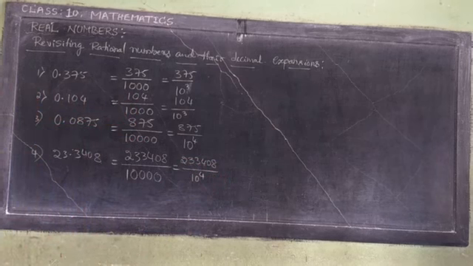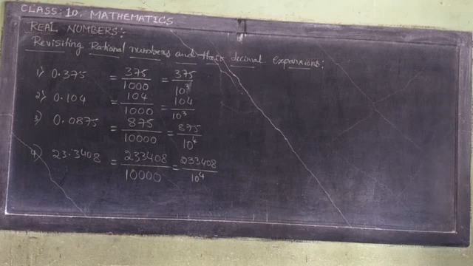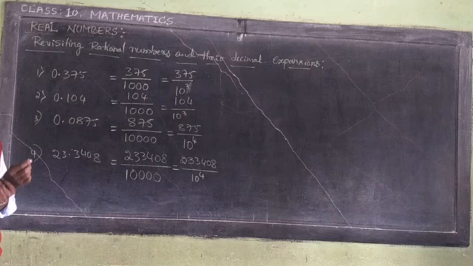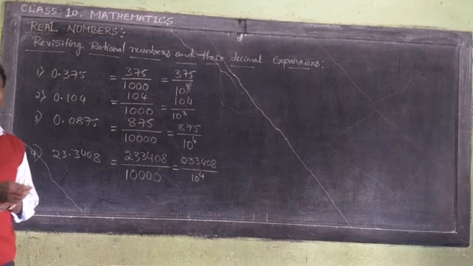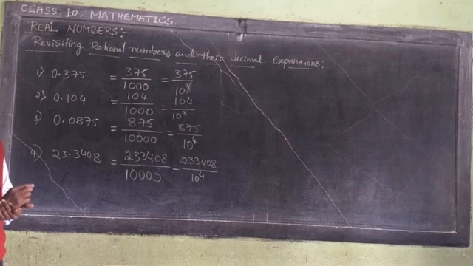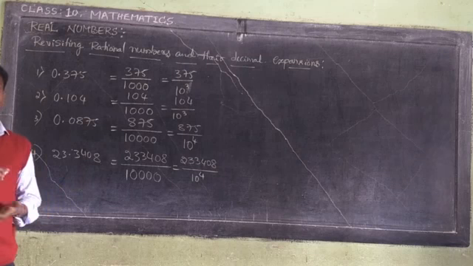All the denominators are powers of 10. Then we say that these are terminating decimal expressions.